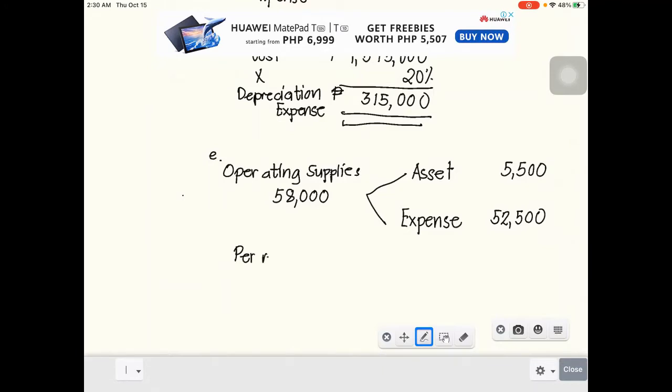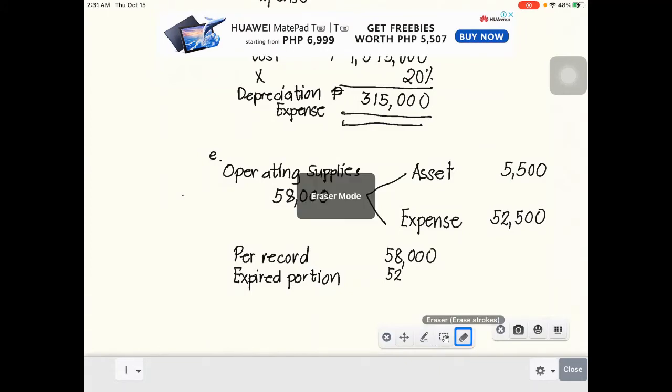So per record, you have 58,000. The expired portion is 52. Oh no. The given in the problem is the remaining, no?